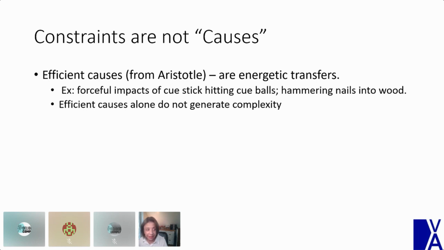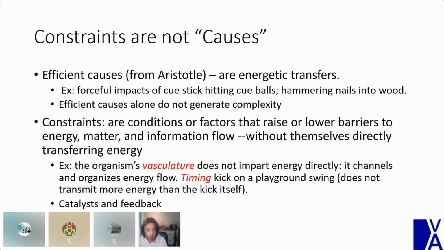And what I think changes complication into complexity is the activity of constraints. And I want to define constraints as conditions or factors. I find these two words seem to be used a lot now.